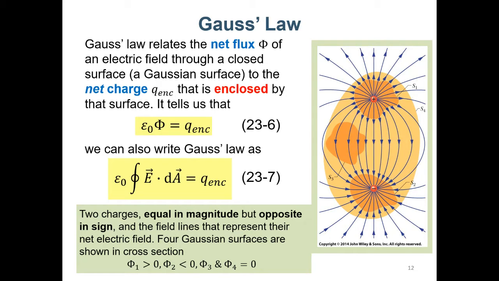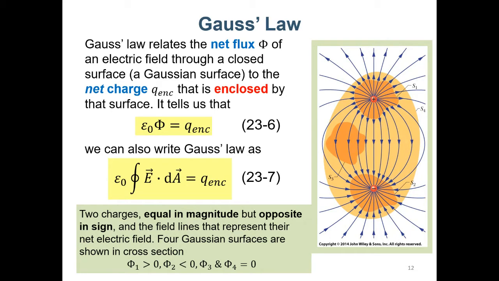All the electric field lines are going outside, across S1, which means that phi is larger than 0. And Q is positive, which matches this condition. Although there is a negative charge here, it doesn't influence the net flux across the surface. For the next case, S2 is also the darker orange one.